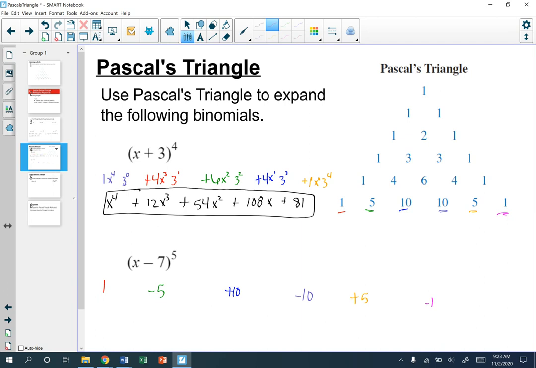Then again, my exponents have to add, in this case, to be 5. So I start with x to the 5th, 7 to the 0.